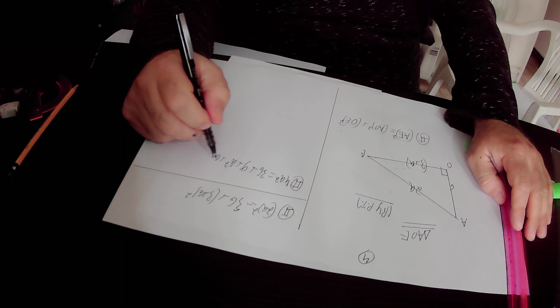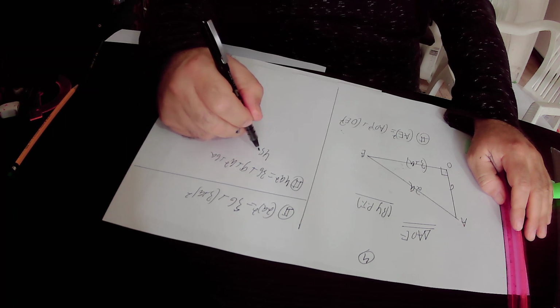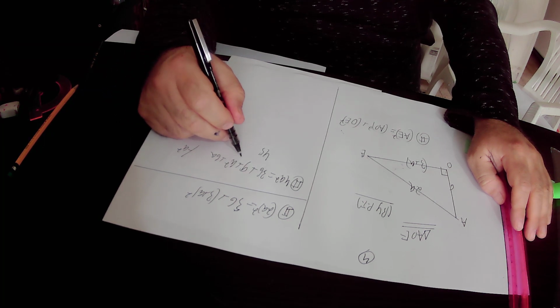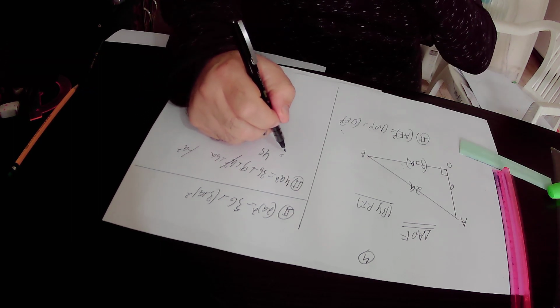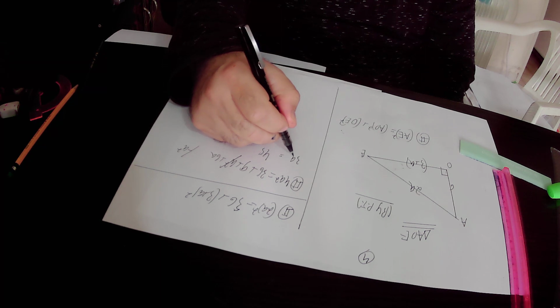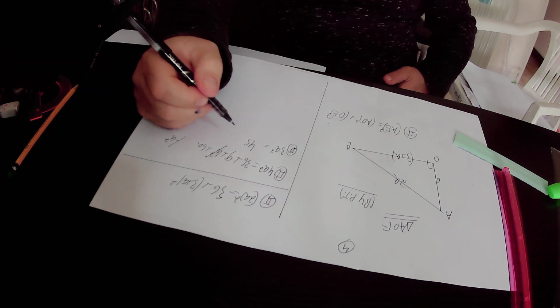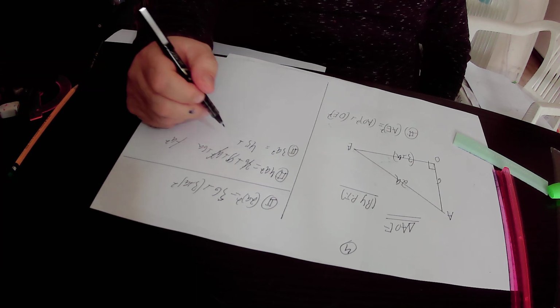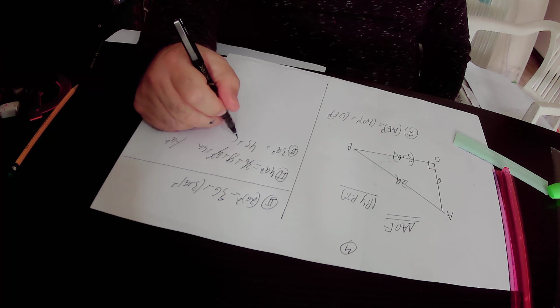Here, 36 plus 9 is 45. We'll subtract A squared from this equation, so A squared cancels, then 4A squared minus A squared is 3A squared. So 3A squared equals 45 plus 6A.